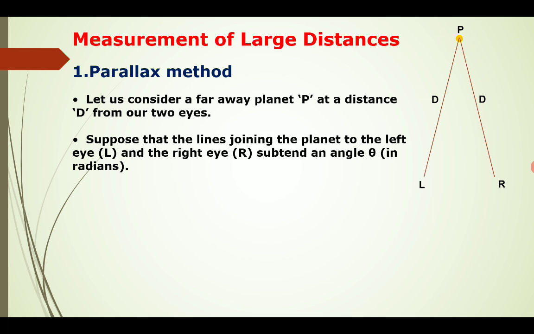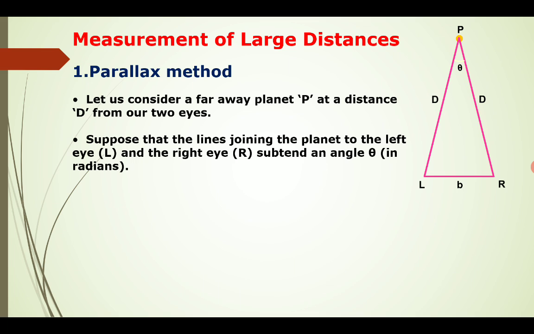Now let us imagine that the lines joining the planet to the left eye and right eye make an angle theta at the planet P, and here is the theta, and small b is the distance between these left and right positions.